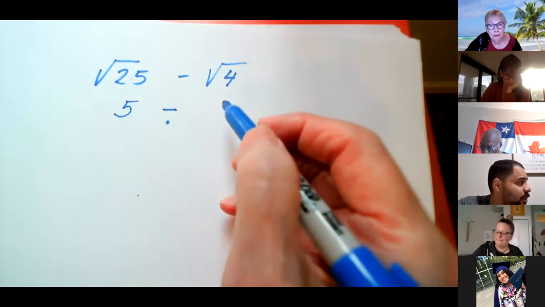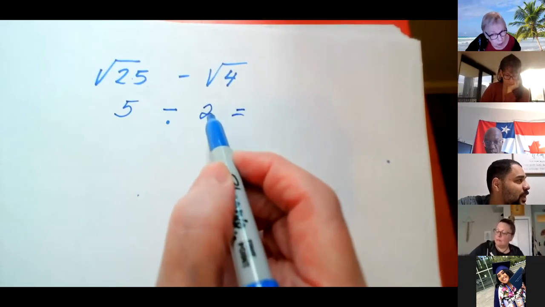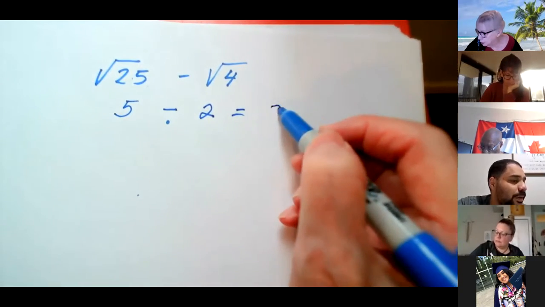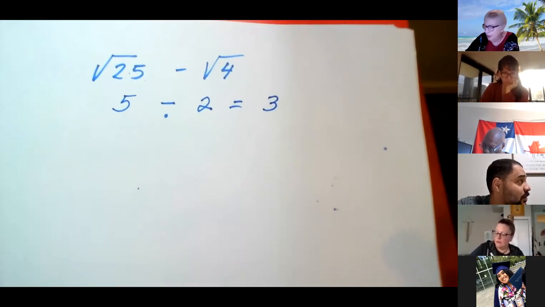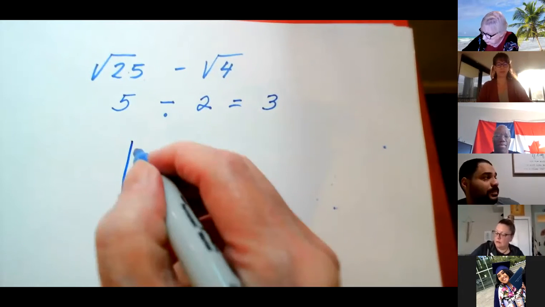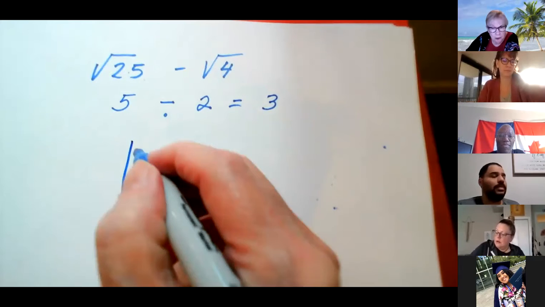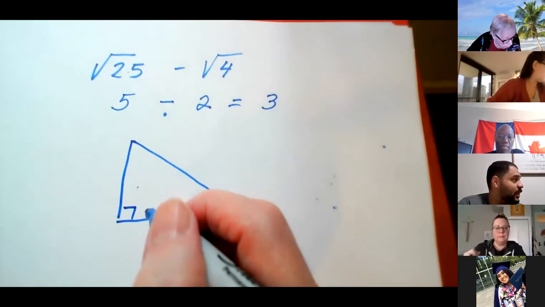The square root of 4 would happen to be 2. And then you're allowed to subtract. 5 take away 2 is 3. So I don't think that's a big deal, do you? Nah. Okay. And if it's not a perfect square, you've got to get a calculator. That's all there is to it.